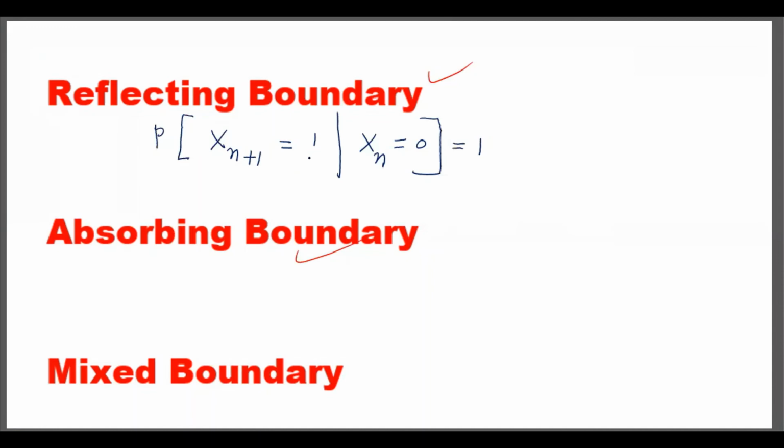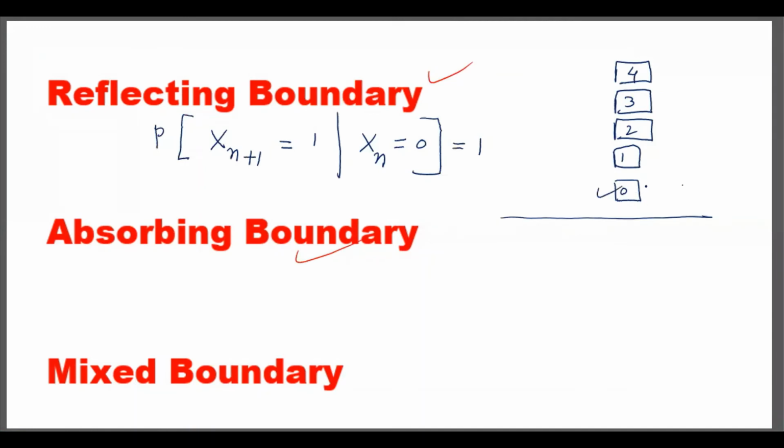If I'm a gambler, I'm gambling, and I came back to 0, what will happen? I have nothing. I can't play here. Then how is it reflecting, how can I reflect back, how can I start playing once again? Maybe I have someone, a big brother, sitting with me, who says, never mind, continue playing.